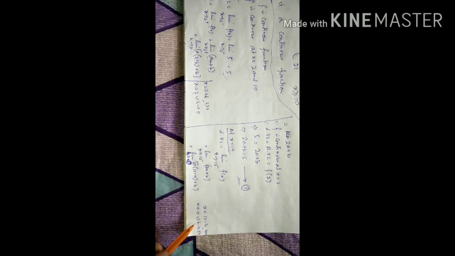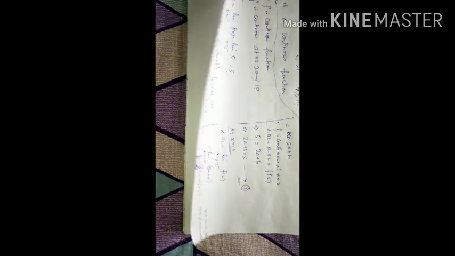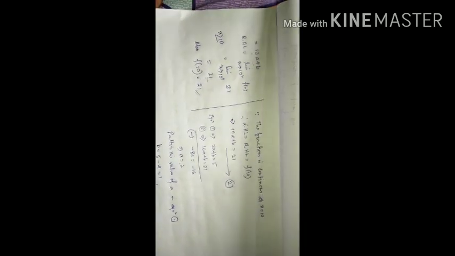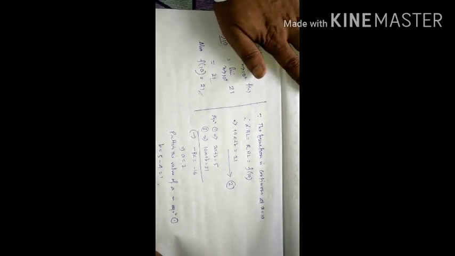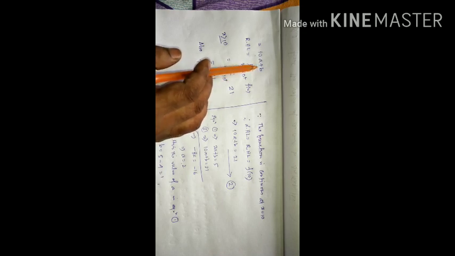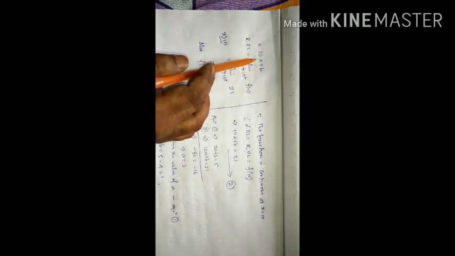As x tends to 10, h tends to 0, and if you put h equal to 0 you will get 10a plus b. I'm sorry, this is the left hand limit, not the right hand limit. The left hand limit is equal to 10a plus b.